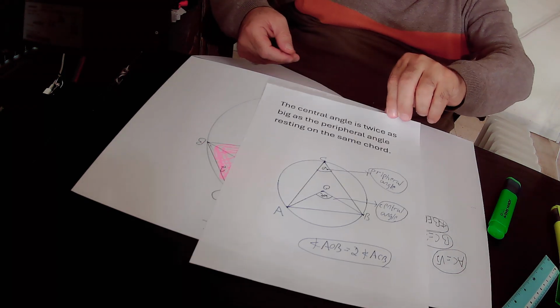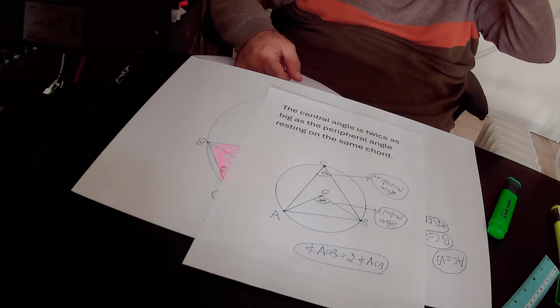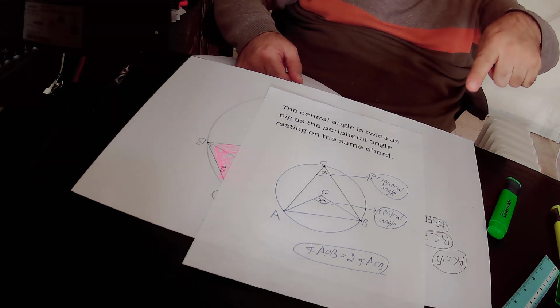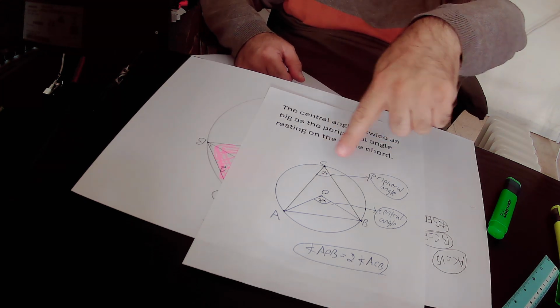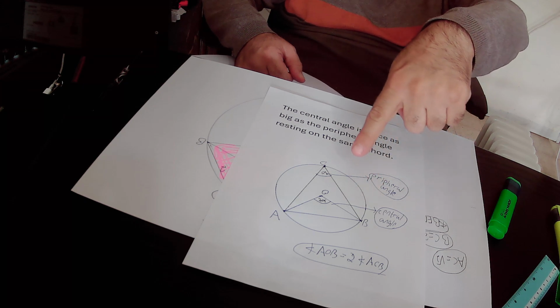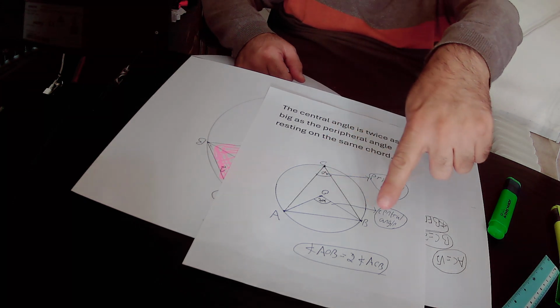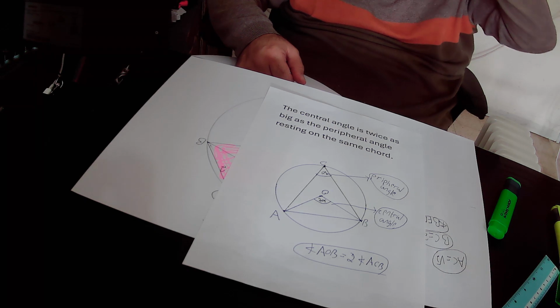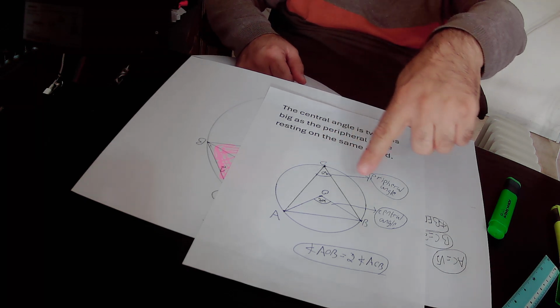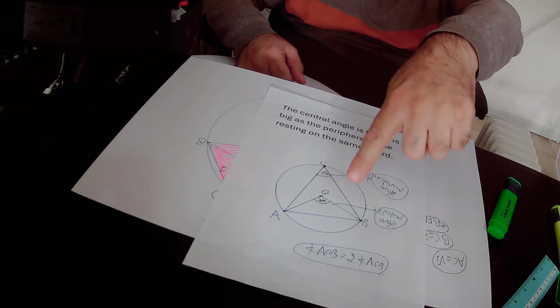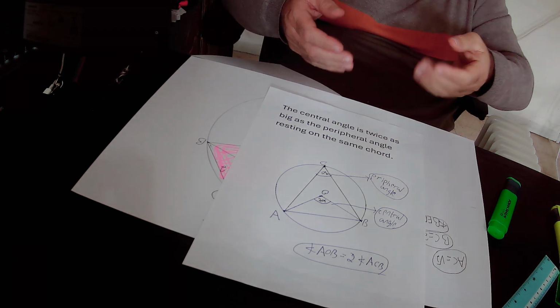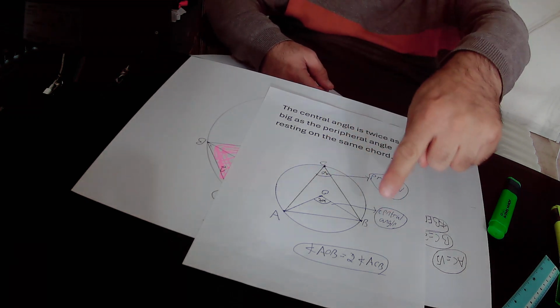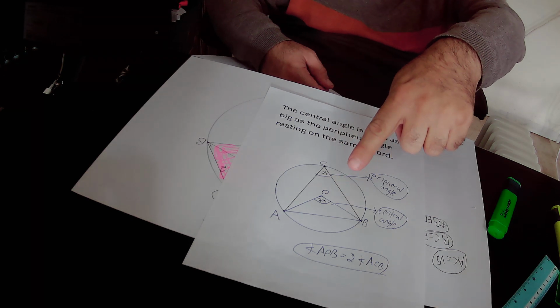Here, the central angle is twice as big as the peripheral angle resting on the same chord. Here we have peripheral angle ACB that is equal to alpha, and it rests on chord AB. And we have the central angle AOB that rests on the same chord AB. According to this rule, the central angle AOB must be equal to 2 alpha.